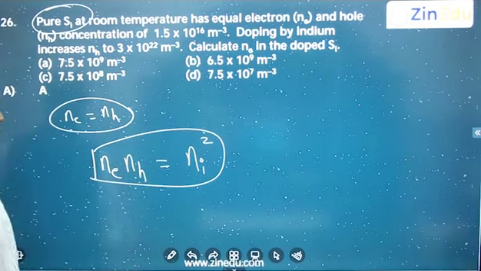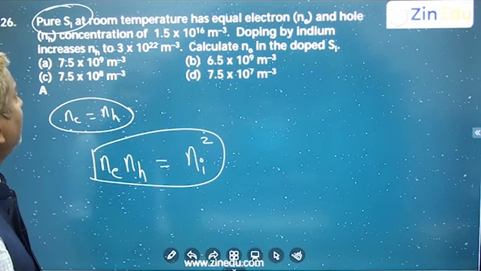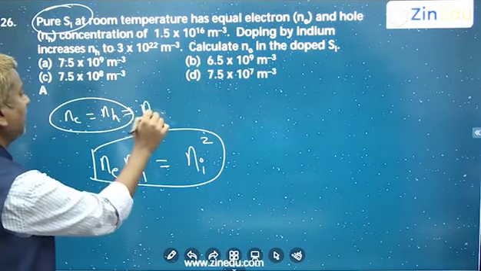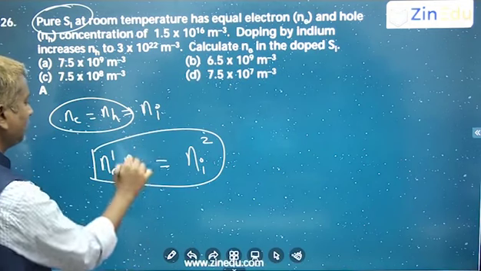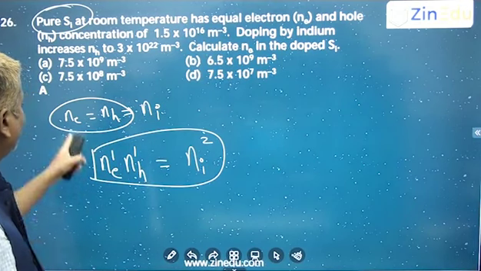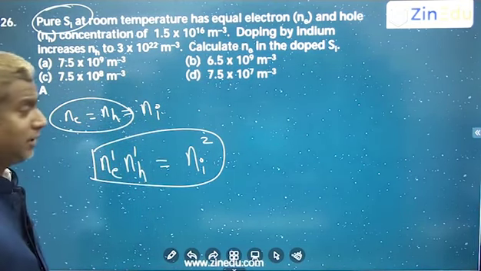These are after doping. This is before doping, right? So initially electron and hole concentrations are both equal. This you are getting as Ni, right? After doping, I am putting a dash. So before doping, Ne and NH are both equal to Ni, right?